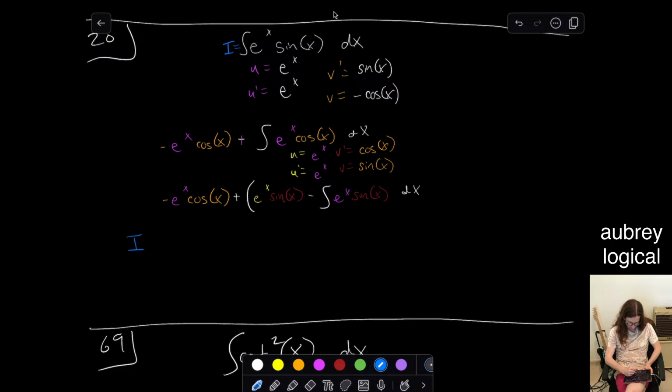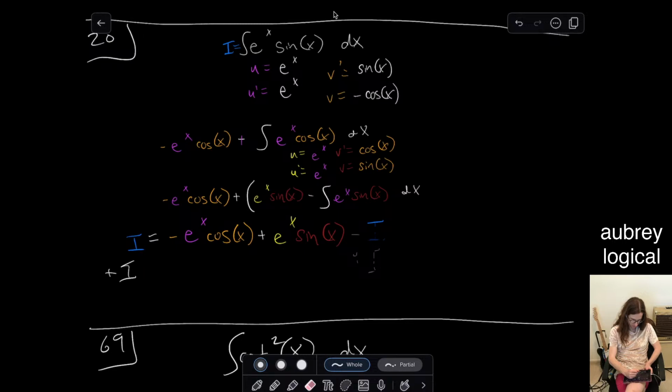So this integral is equal to negative e to the x times cosine of x plus e to the x times sine of x minus I, which means we can then add I to this side, gets rid of it over there, and brings it over here.